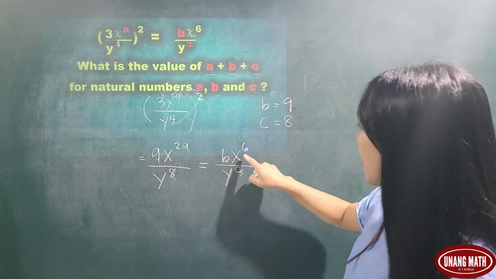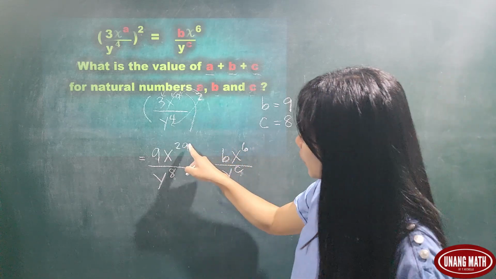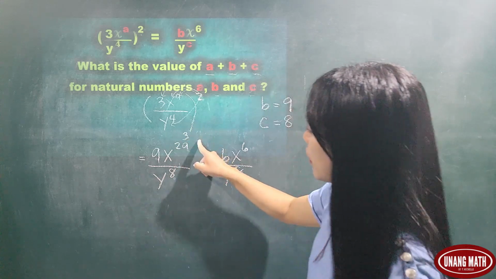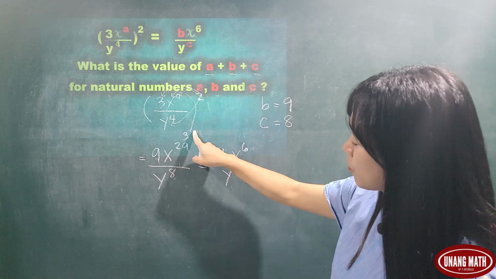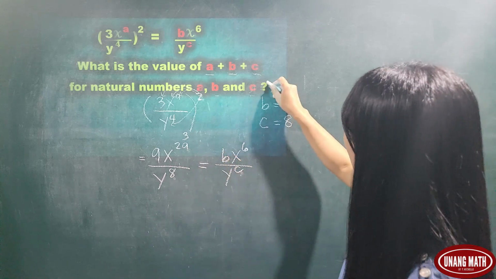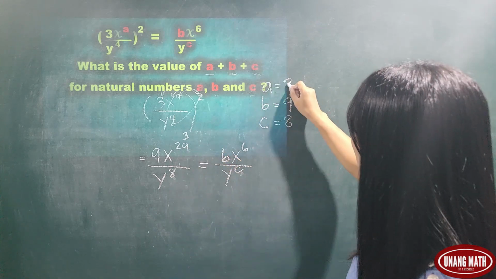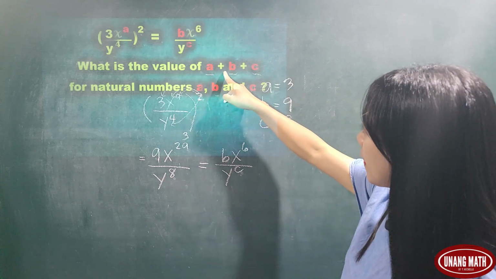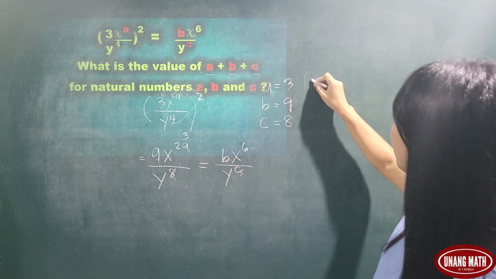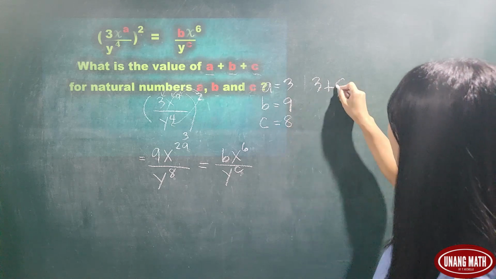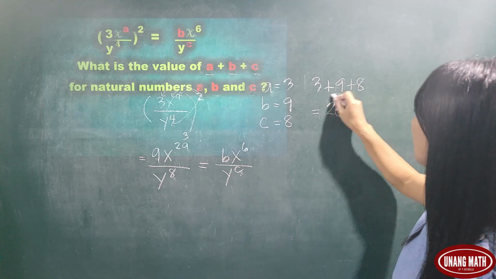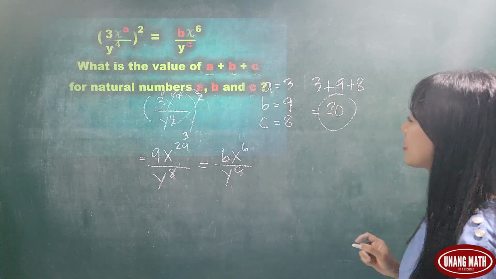Here the exponent is 6. So what will we multiply to 2 to get 6? That means this is 3. 2 times 3 or 3 times 2 is 6. So a is equal to 3. The question is, what is the value of a plus b plus c? So we have 3 plus 9 plus 8, and this is equal to 20. So our answer is 20.